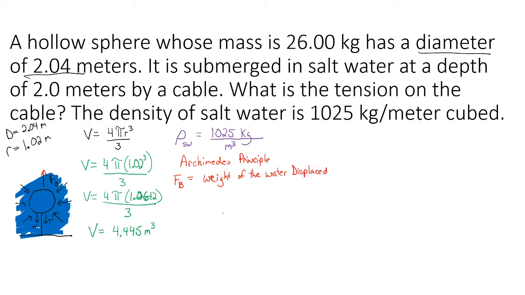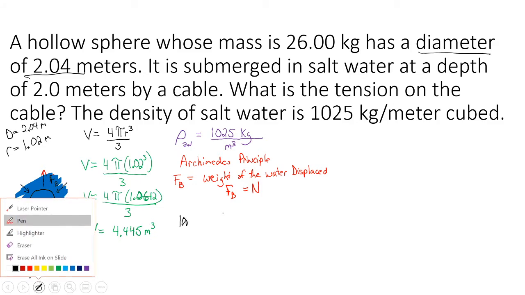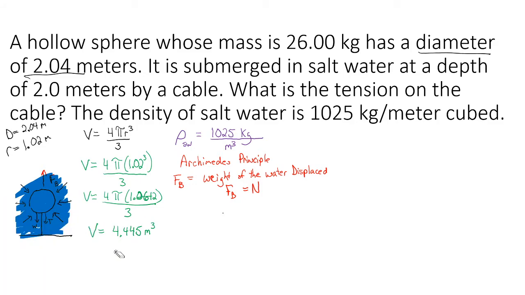So what we'd like to do is find the weight of the water displaced. And weight is usually calculated in newtons. So my buoyant force is going to be equal to the weight of the water that's displaced. Let's start with the density of water and turn that into newtons.